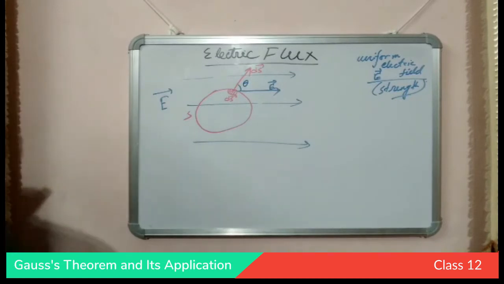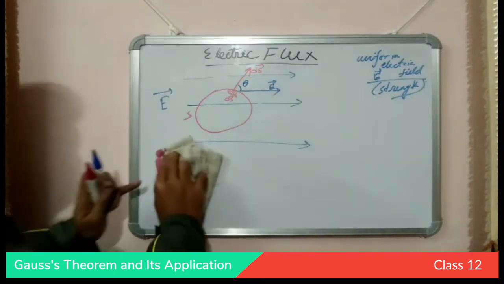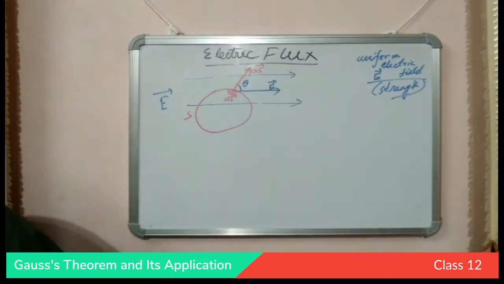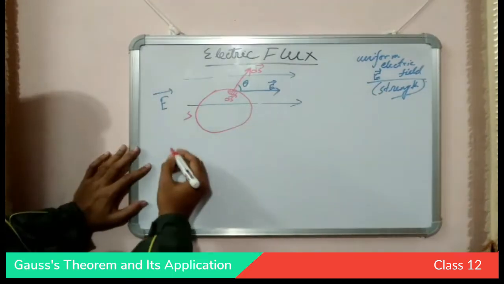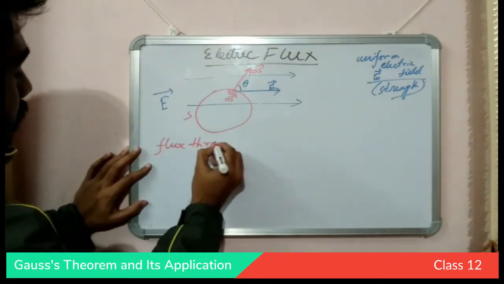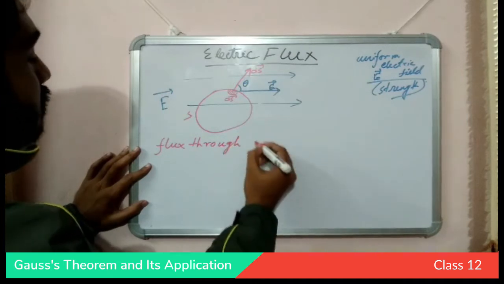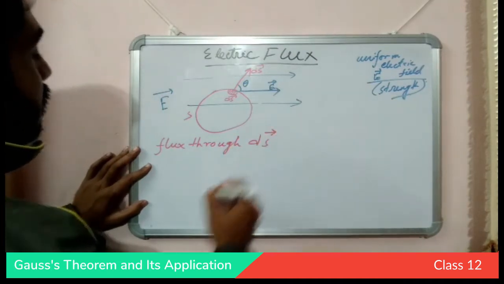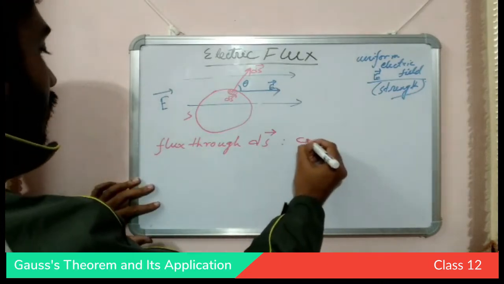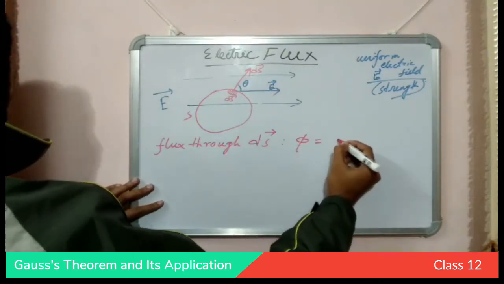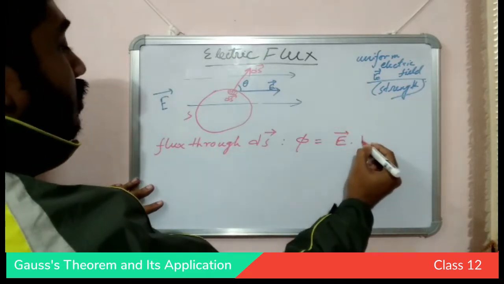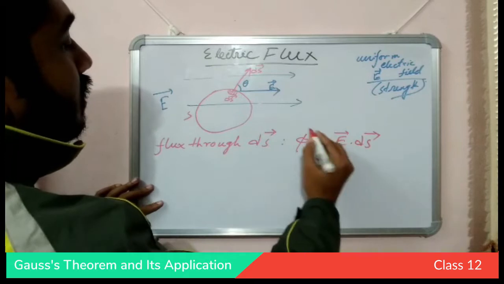So could we calculate the flux? Yes, we can. The flux through ds, denoted by phi, is E dot ds.